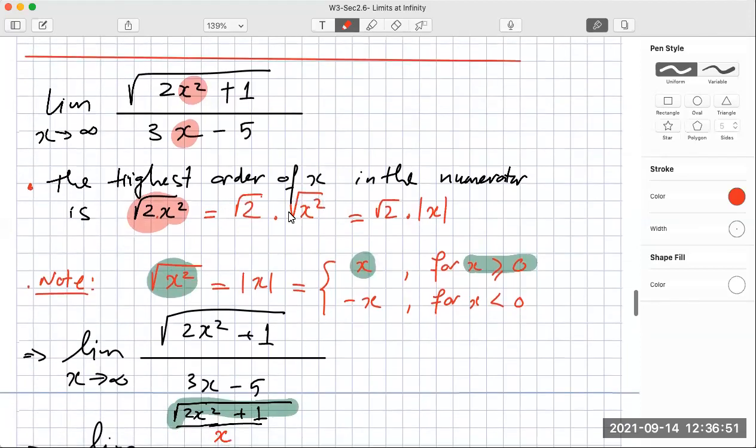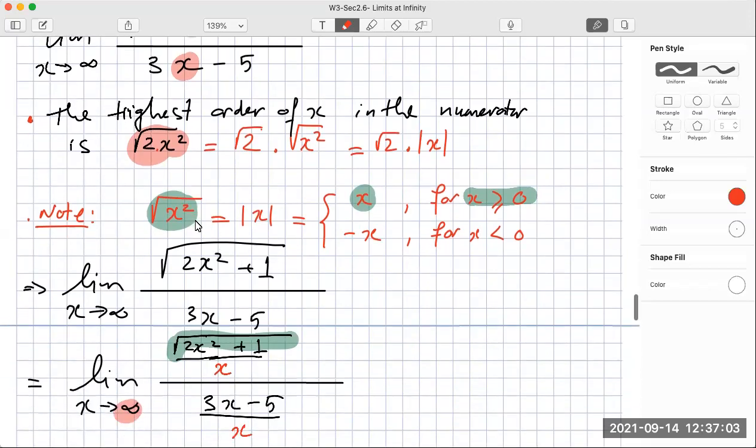Or in other words, the square root of x squared is the highest degree of this, or it is of order 1. So again, we should be careful about this. The square root of x squared will be the absolute value of x. If x is positive, then we can get rid of the absolute sign. Otherwise, the absolute value of x should be negative x.